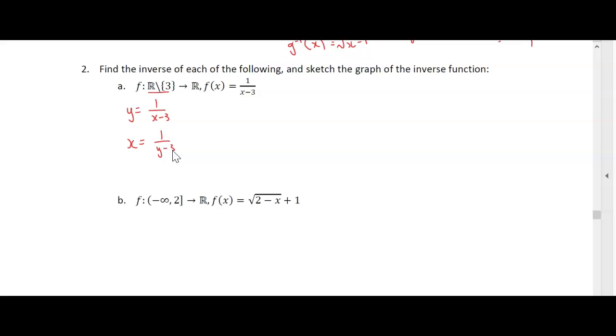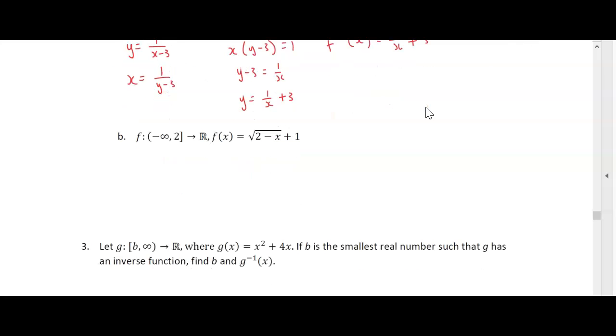Then we have x times (y minus 3) equals 1. y minus 3 equals 1 over x, and then y equals 1 over x plus 3. And remember, we do need to use the correct notation. All right, so there's our function. I'm not going to sketch it. You can sketch it on your calculator and compare it to the original one to show that you've got the inverse. All right, part B.